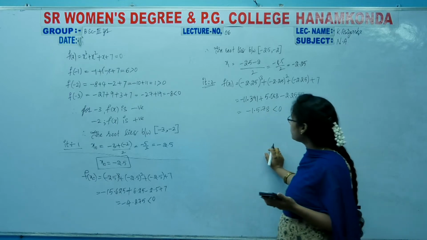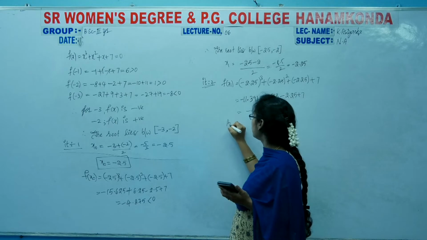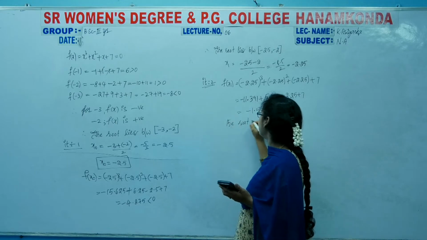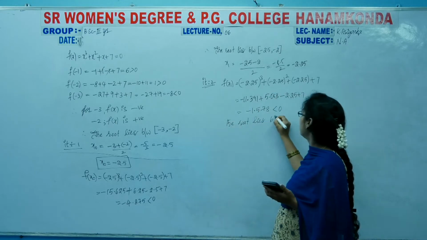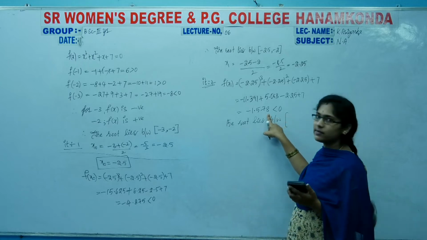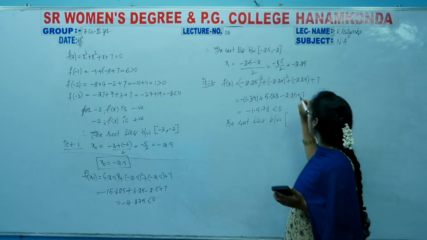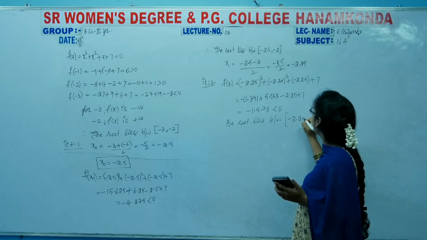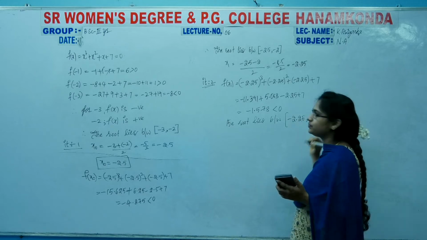So less than 0 means, simply, the root lies between... Okay, where the root lies, it is negative again, so we have to ignore this value. Minus 2.25 comma minus 2.